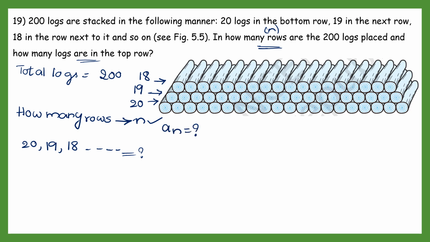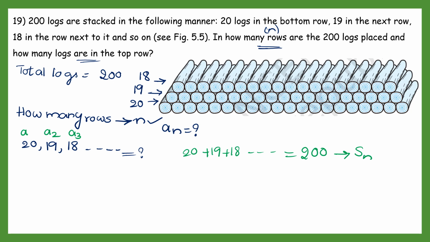Let's see. This is the first term a, this is the second term, third term and so on. We know that 20 plus 19 plus 18 and so on, that means the total number of logs is 200. This will be Sn. We don't know the value of n, but we know that Sn is 200.